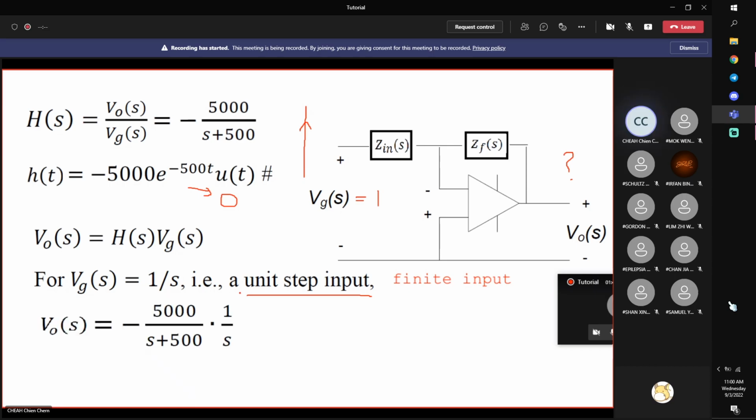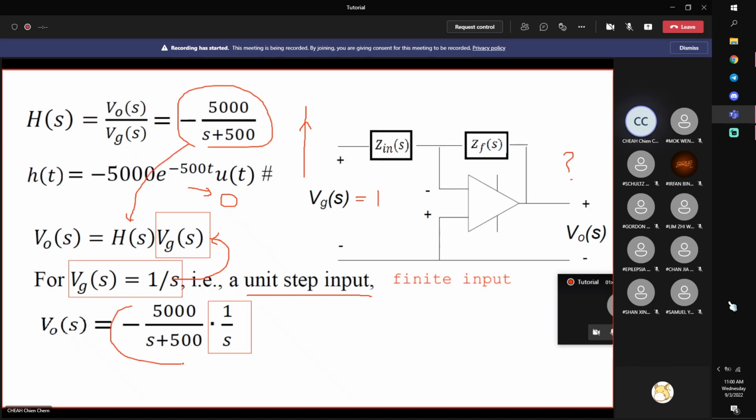Then if I put this input into here, where this is my transfer function, I get my transfer function multiplied by the input, and this gives me my output. So everything starts from here. Any input, just multiply your transfer function by it, then expand it out by partial fractions. I can get my output.